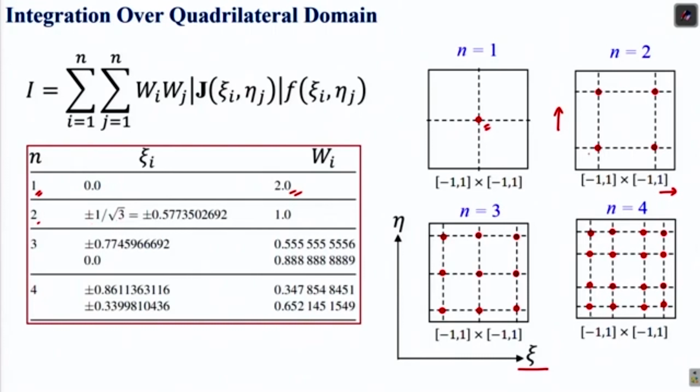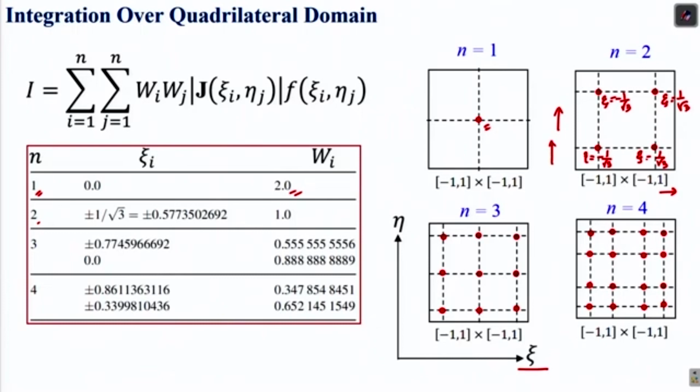So for this point xi will be -1 by root 3, and for this point xi will be 1 by root 3. Similarly for the other two points. So in the xi direction we have only 2 points.